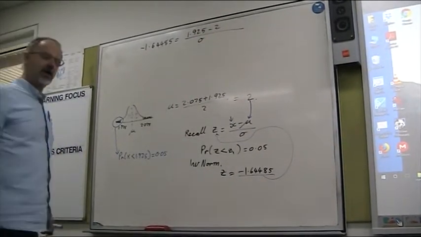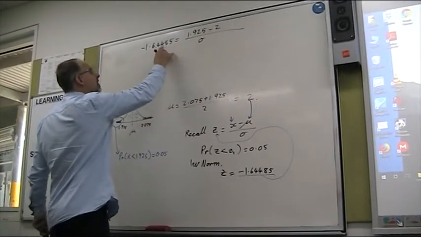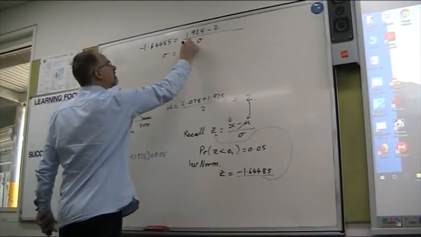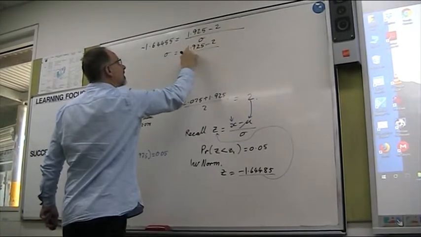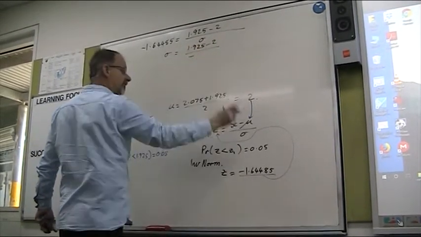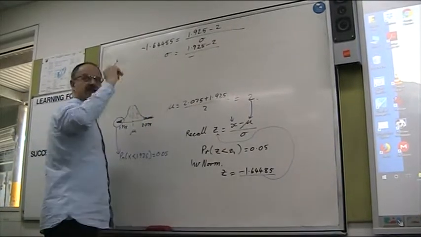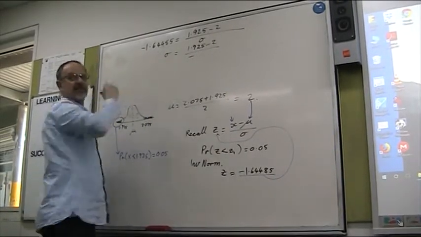Rearrange, times both sides by the standard deviation, divide both sides by... Is the standard deviation 1? Of Z it is, but not of X. And we're trying to find X's standard deviation.